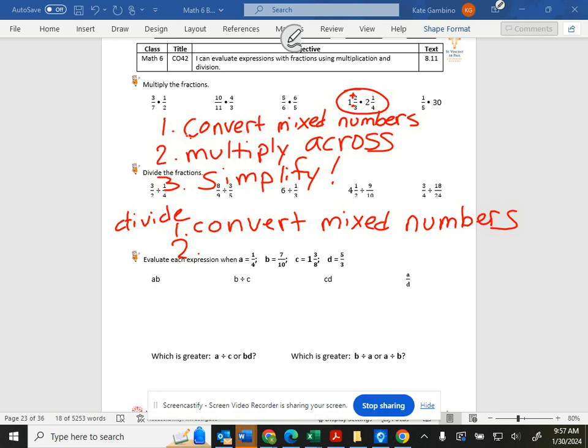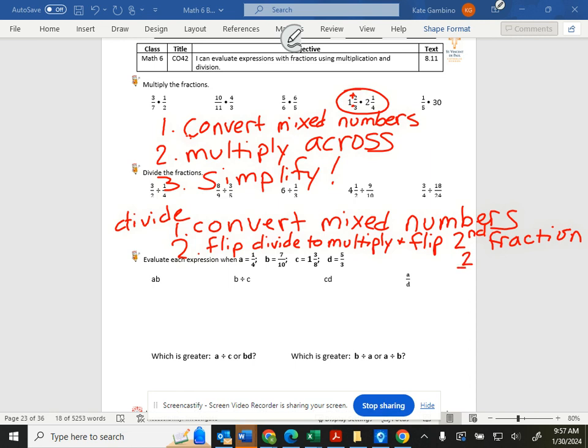Hannah Mae, flip it. Flip what? The second one. So first I'm going to flip divide to multiply and flip, you're right, the second fraction to its reciprocal.